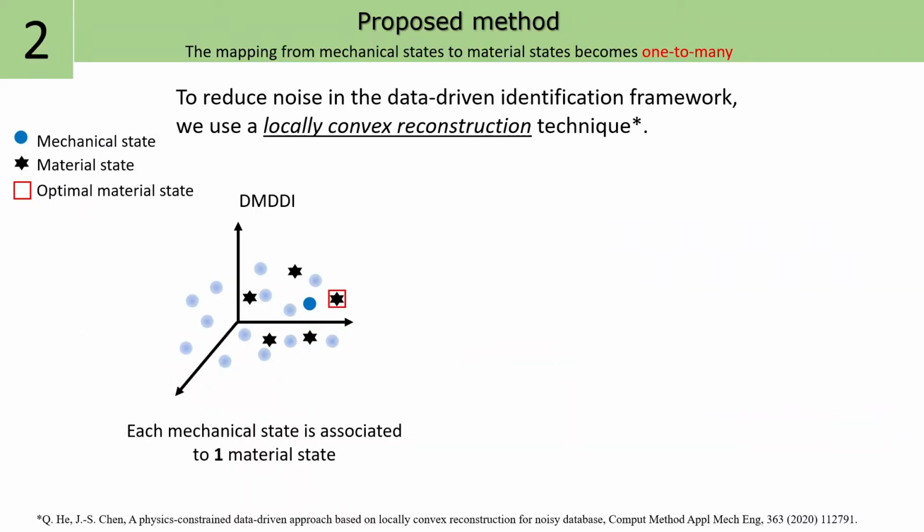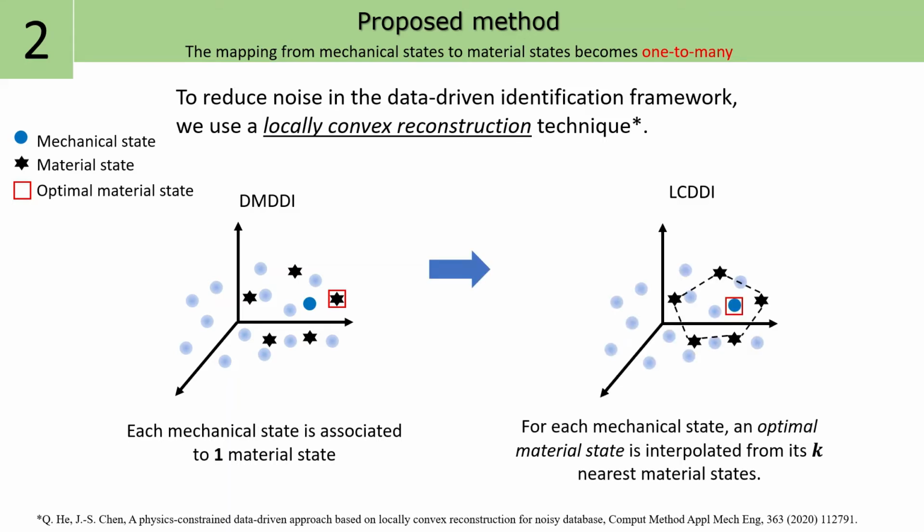To reduce the noise in the generation of material data, we made use of a locally convex reconstruction technique. In DMDDI, each mechanical state is associated to one material state. In LCDDI now, we change that, and each mechanical state instead looks at k closest material states.